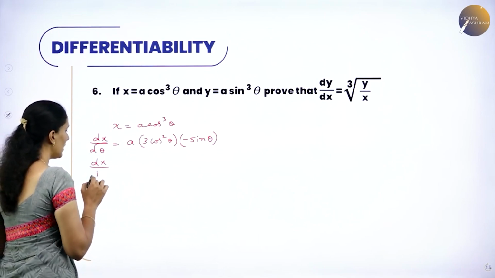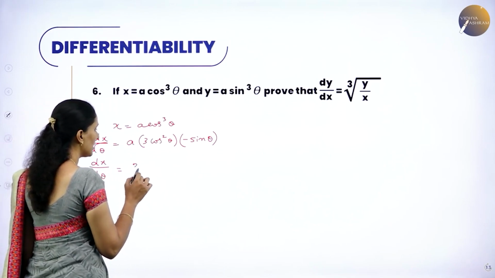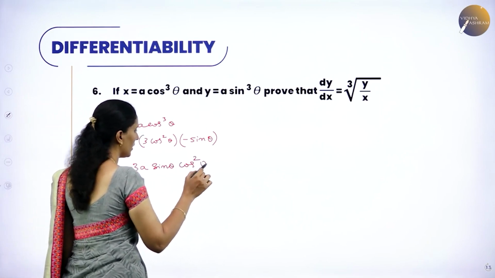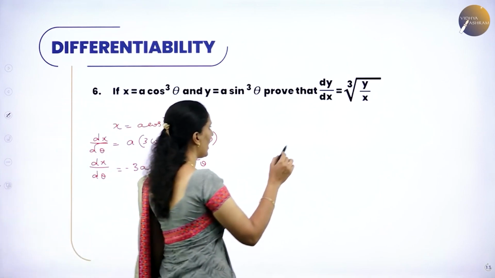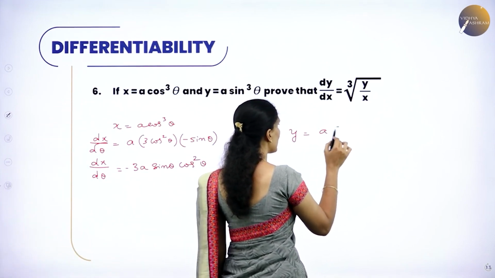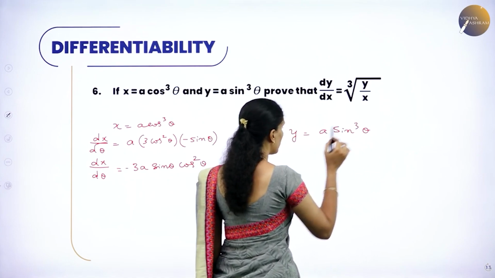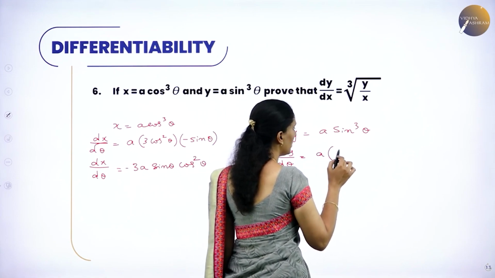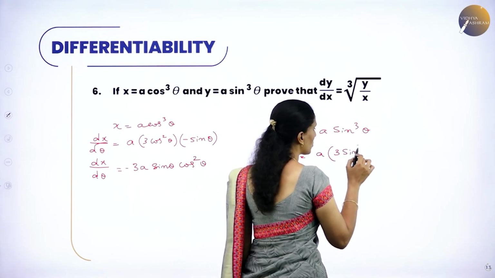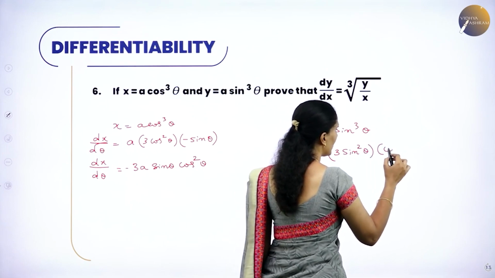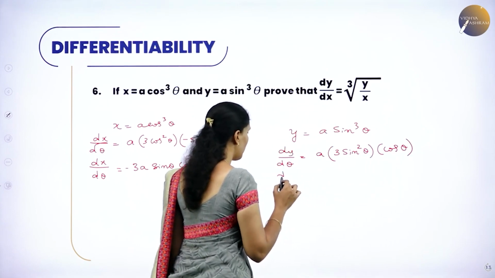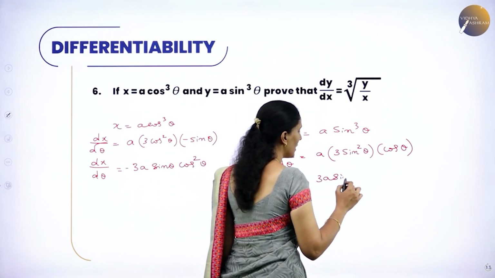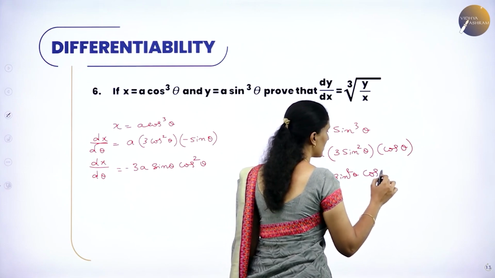So therefore dx by d theta can be written as 3a sin theta cos square theta, so minus outside. Next we have y is equal to a sin cube theta. So therefore dy by d theta is a into sin cube is 3 sin square theta, and derivative of sin theta is cos theta. So therefore dy by d theta becomes 3a sin square theta into cos theta.